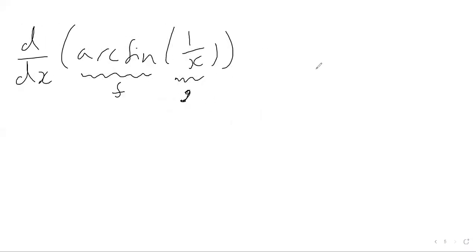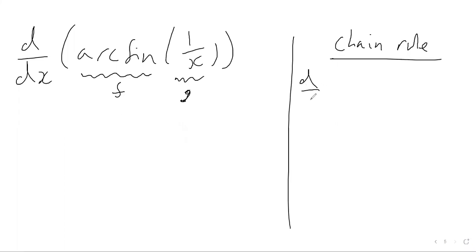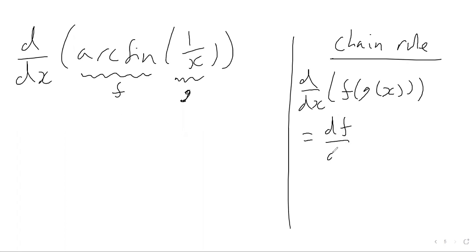The chain rule says that when you differentiate with respect to x a function of a function of x, you get df by dg, the f function with respect to the g function, multiplied by the derivative of the g function with respect to x.